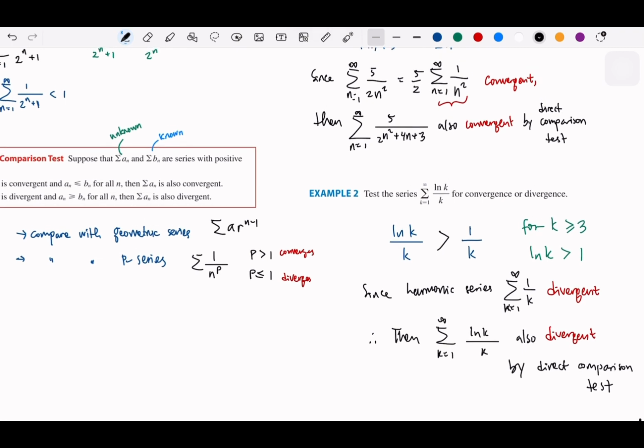So far, direct comparison works as long as you can make this all satisfied, all the requirements satisfied.